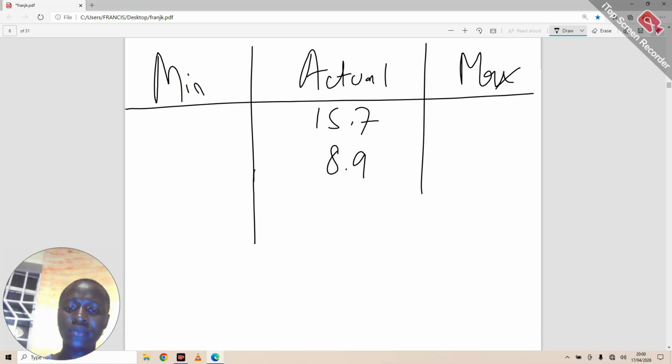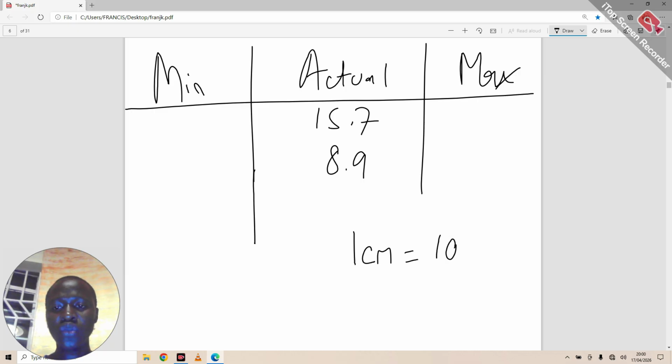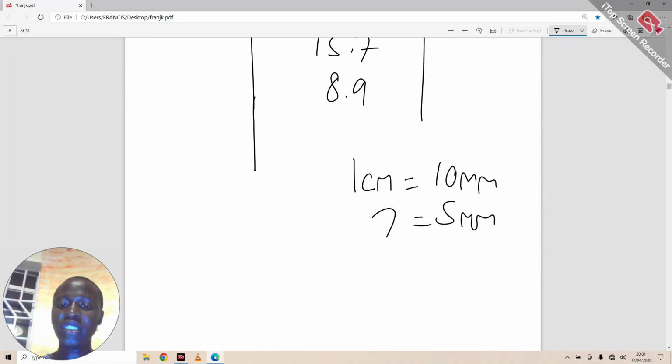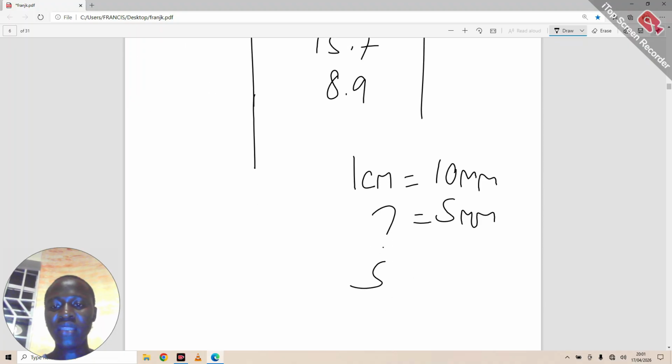You all know that 1 centimeter is equivalent to 10 millimeter. How about the given 5 millimeter? What is it in centimeter? You take that 5 millimeter, multiply it by 1 centimeter, divide by 10 millimeter.